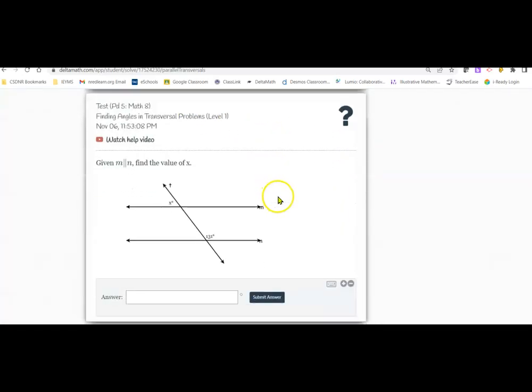Let's try that one more time. Look carefully at the size of the angles. Use your common sense. If I have angle x, which is acute, and this angle, which is obtuse, there's no way that they are equal. But these two angles are corresponding.